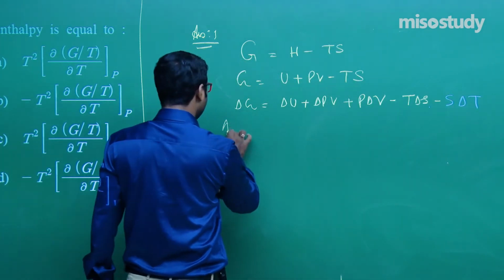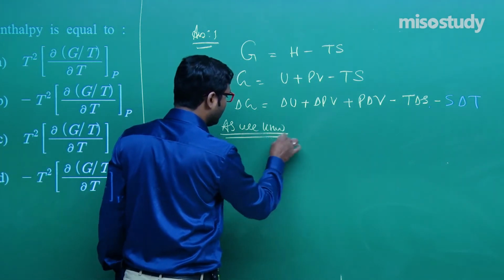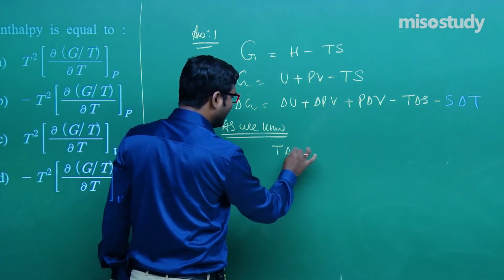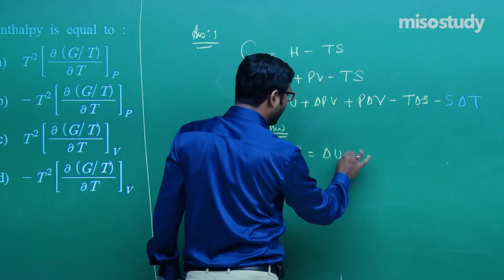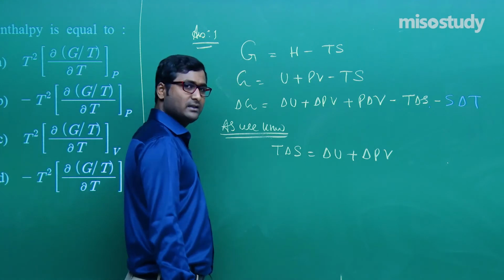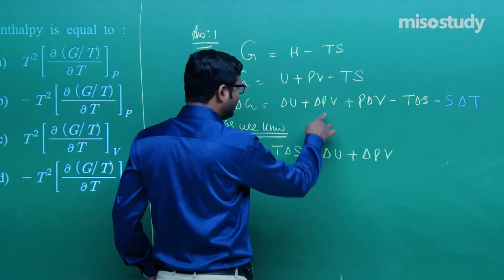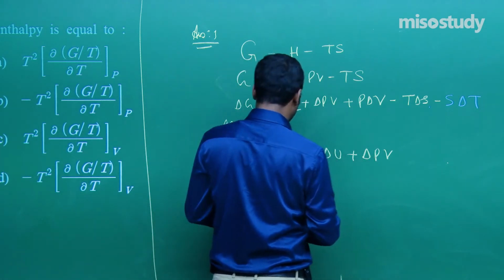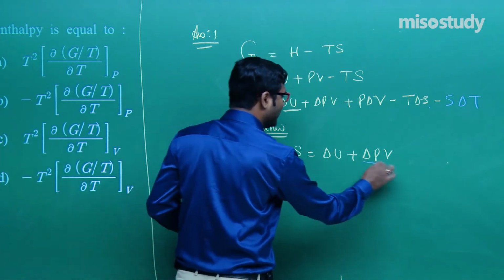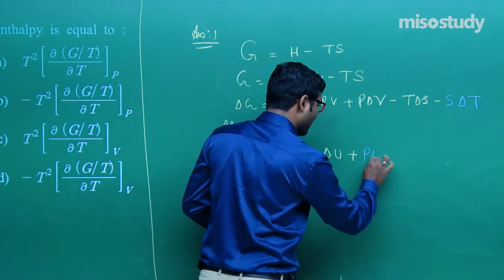Now as we know, T delta S is equal to delta U plus delta PV. Remember this? What I am telling you, friend, as we know, T delta S is equal to delta U plus P delta V. Clear?